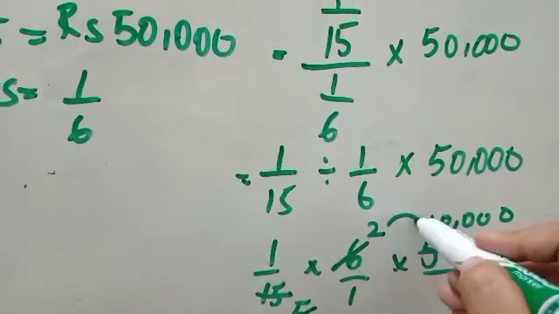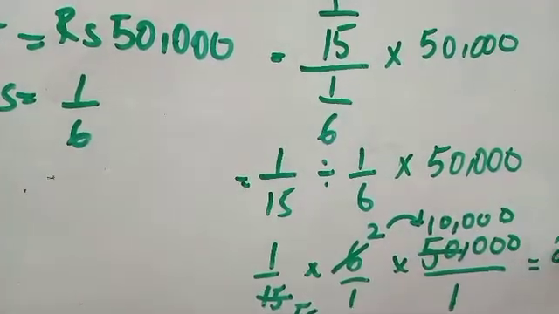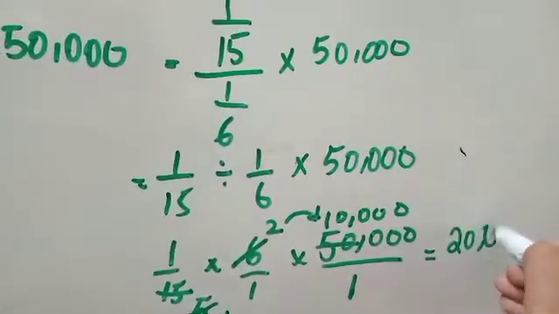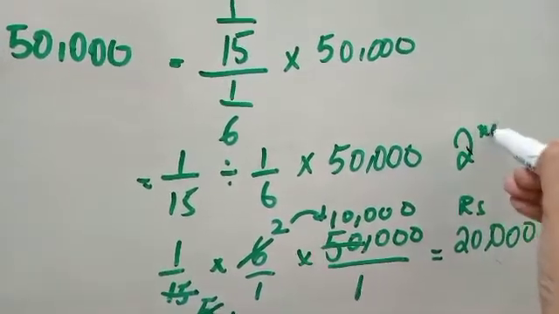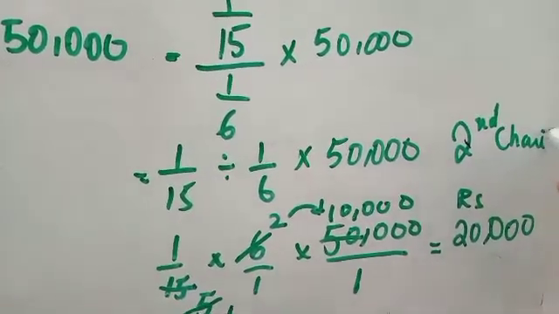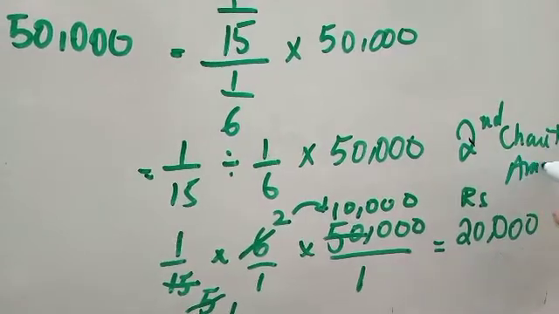Done. 2 multiplied by 10,000 will give me 20,000 rupees, and this is the second charity amount.